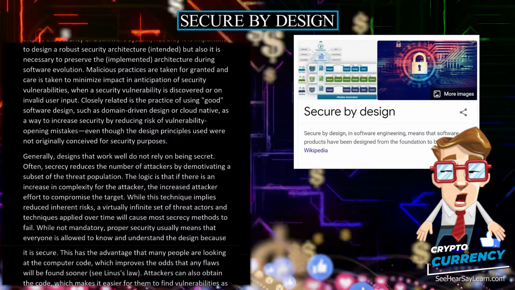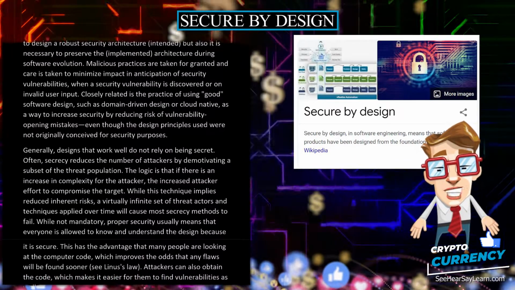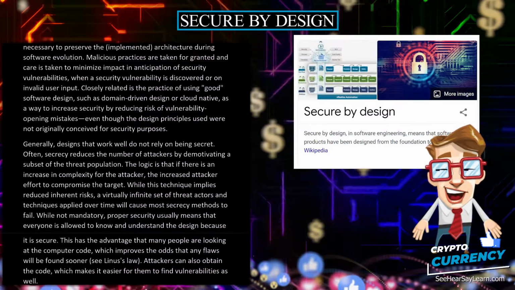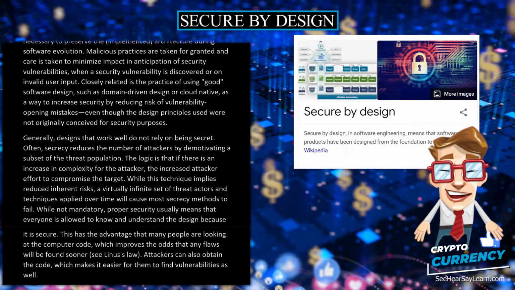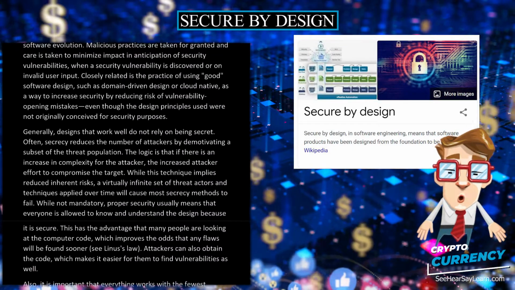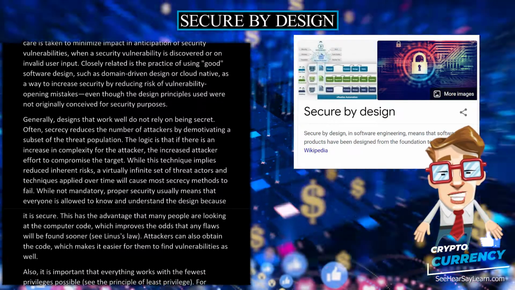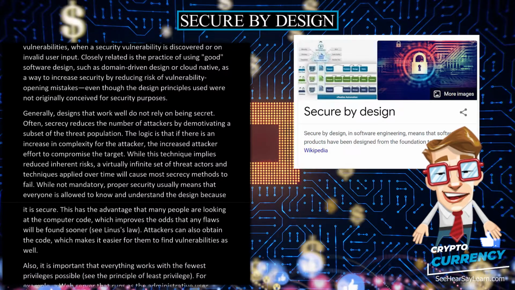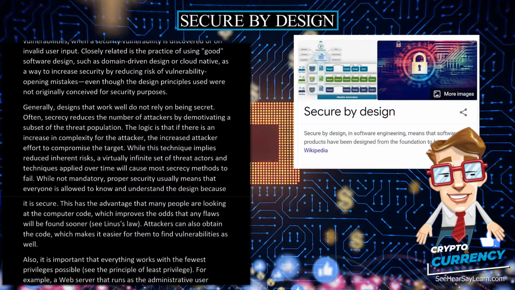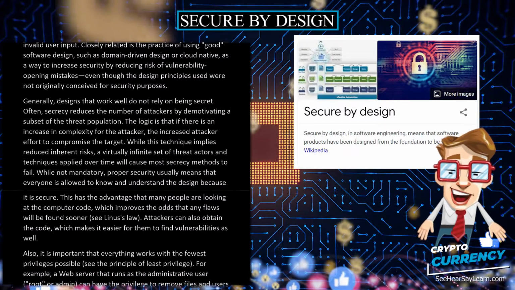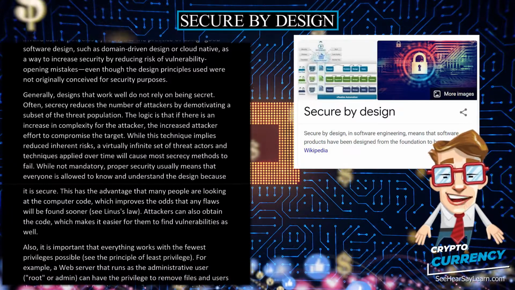Closely related is the practice of using good software design, such as domain-driven design or cloud-native, as a way to increase security by reducing the risk of vulnerability-opening mistakes, even though the design principles used were not originally conceived for security purposes.